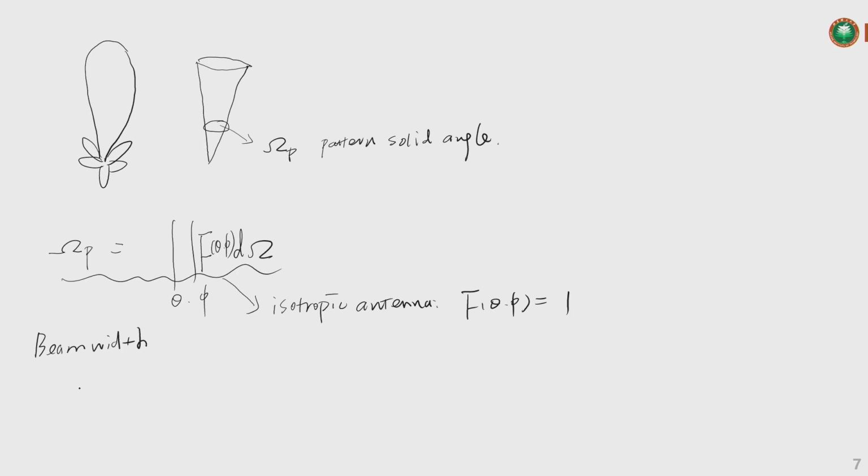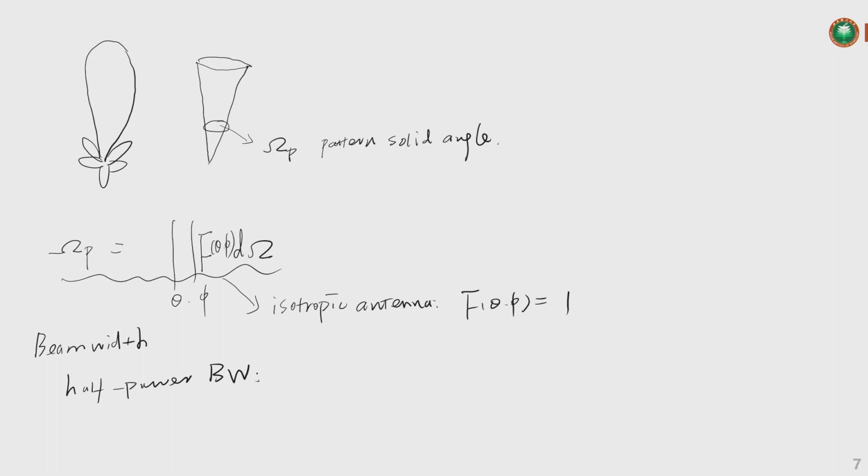What is commonly used is the half power beam width. Half power means the power is reduced to half of that, right?